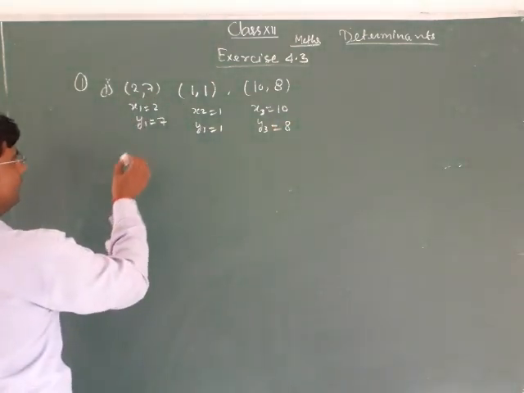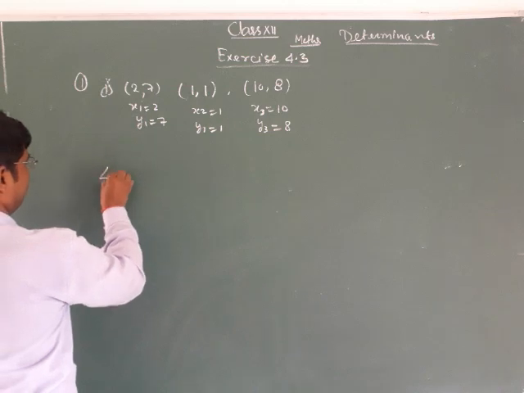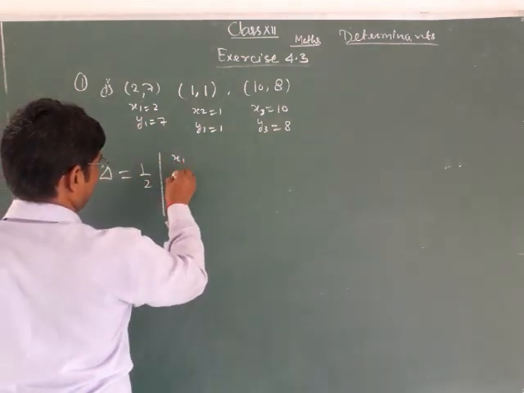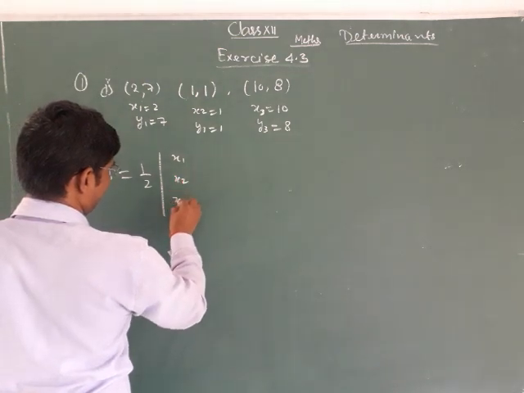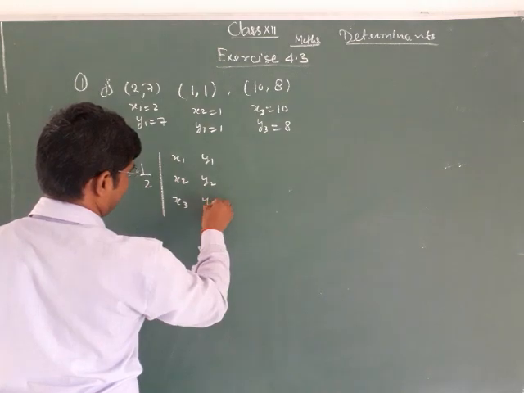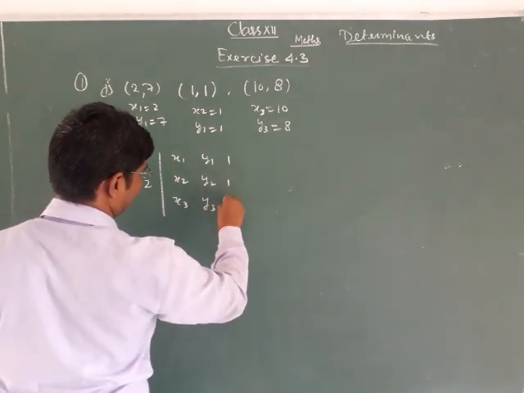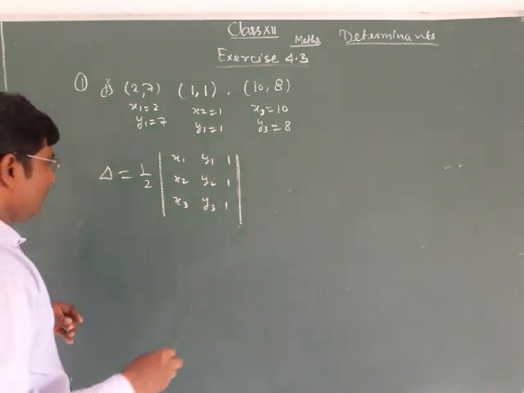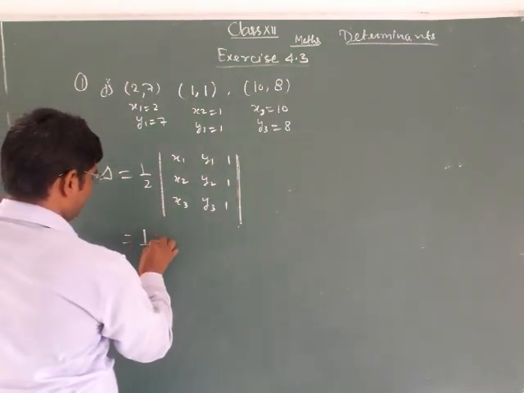So the area of the triangle is equal to 1 by 2 times the determinant with rows x1 x2 x3, y1 y2 y3 and 1 1 1.